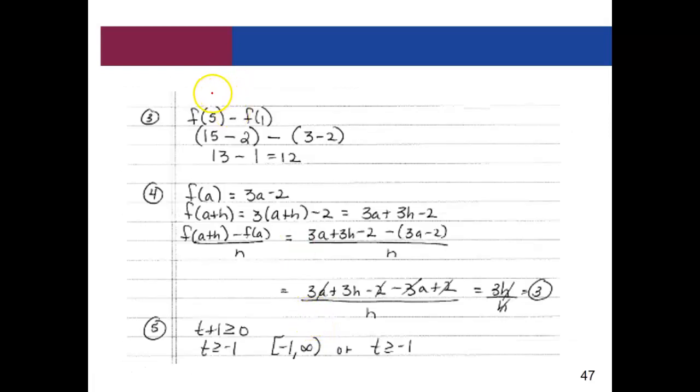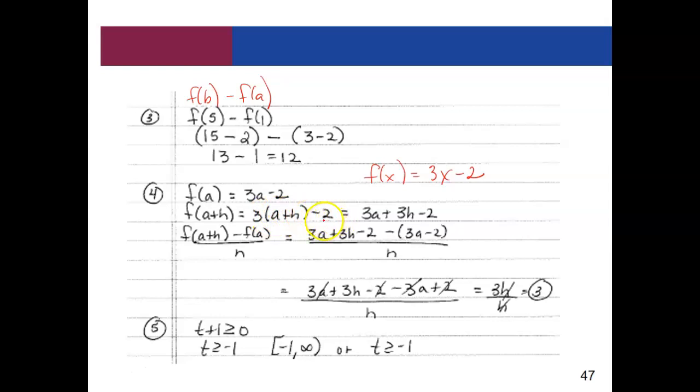Okay, here we've got net change. So you've got your f of b minus f of a for that one, and it should give you a net change of 12. And then for number 4, you have the function f of x equals 3x minus 2. So to find f of a, you're just going to put a in for x. For f of a plus h, you'll put a plus h in for x. So you replace this whole x with a plus h.